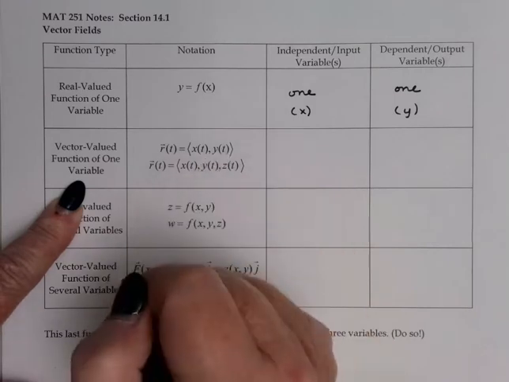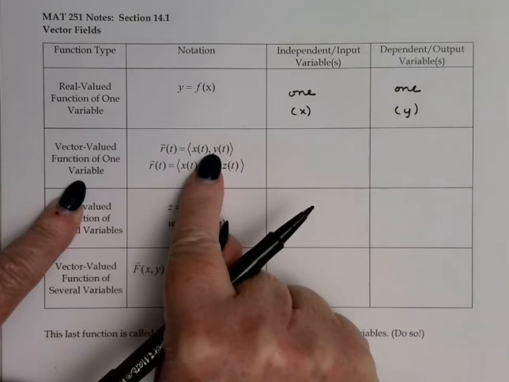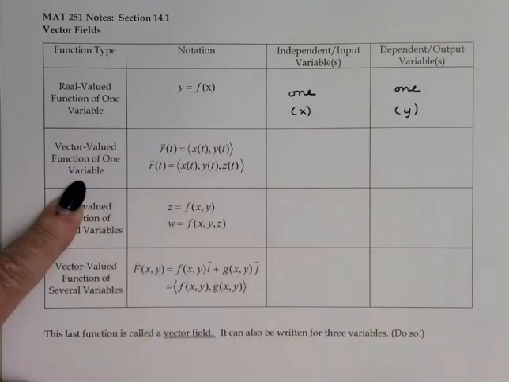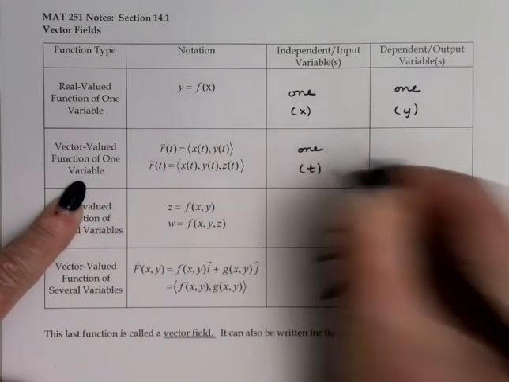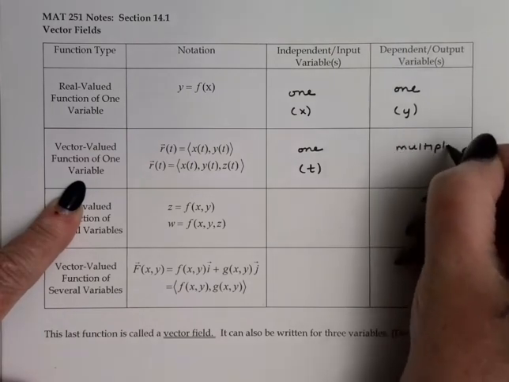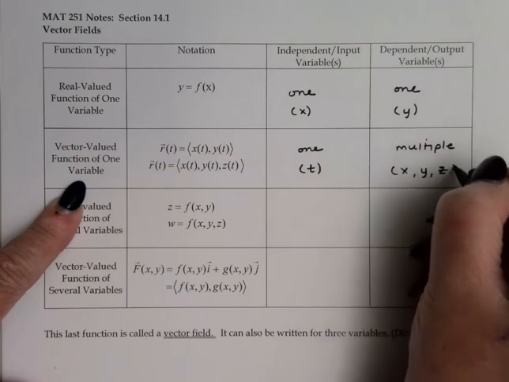T was our input variable, and our output might be two-dimensional, so two outputs like x and y, or it might be three-dimensional, three outputs like x, y, and z. But again, typically one input, like t, and multiple outputs, x, y, perhaps z.